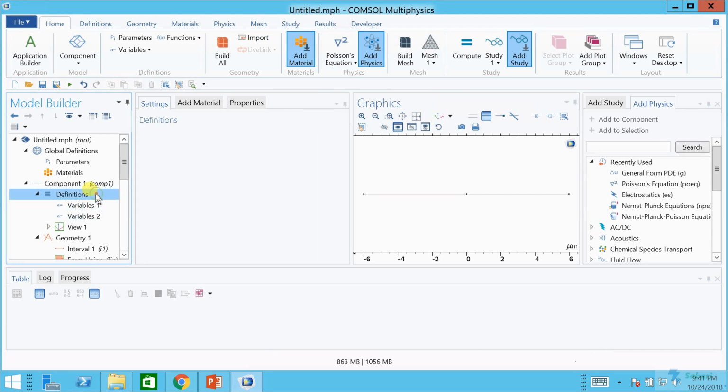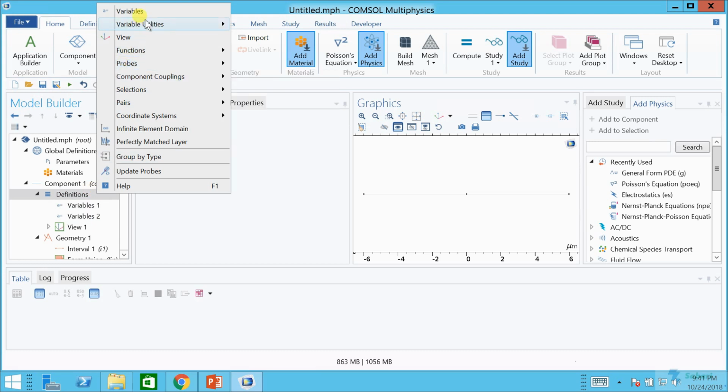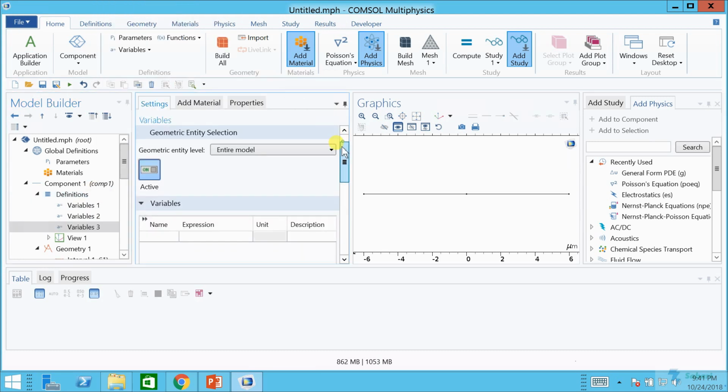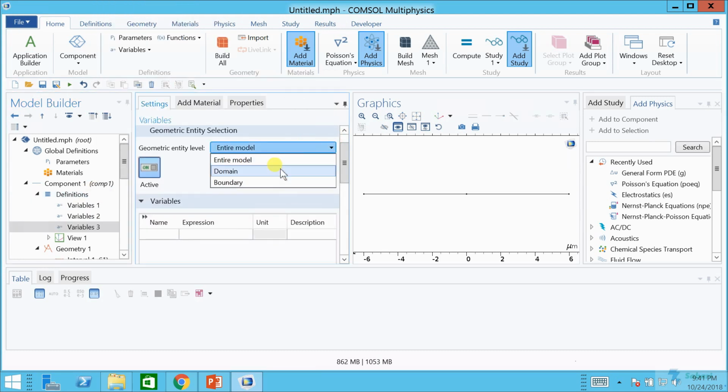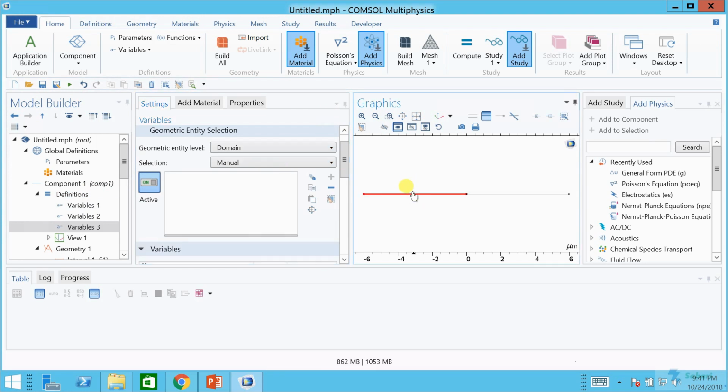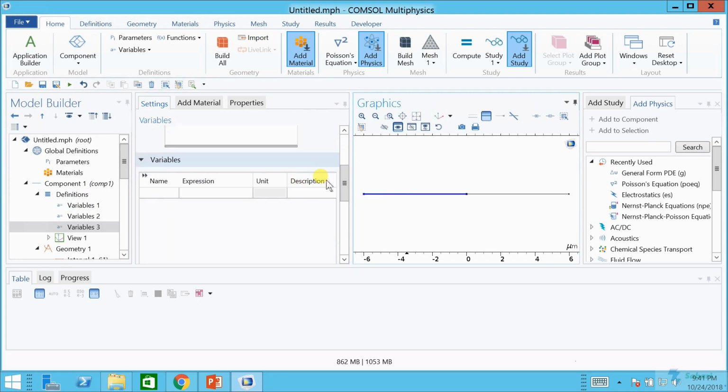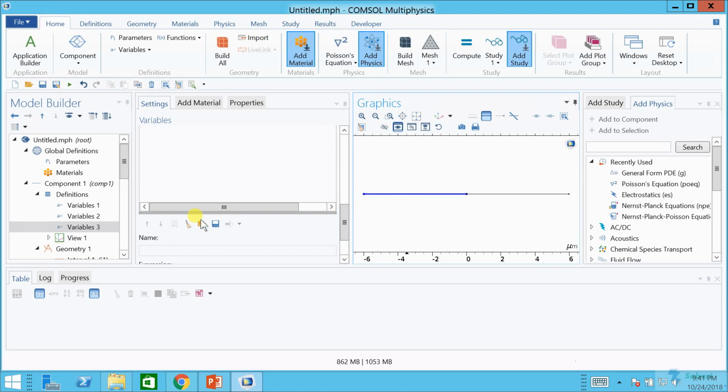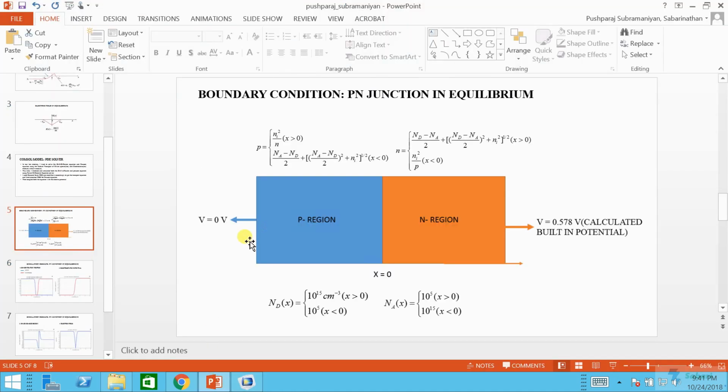And then I'm going to add some more variables in the P region, where I'm going to enter the carrier distribution, this equation as a variable and this equation as a variable.